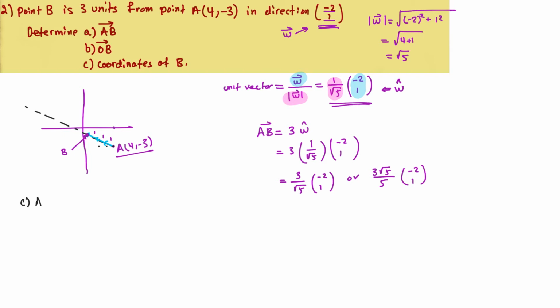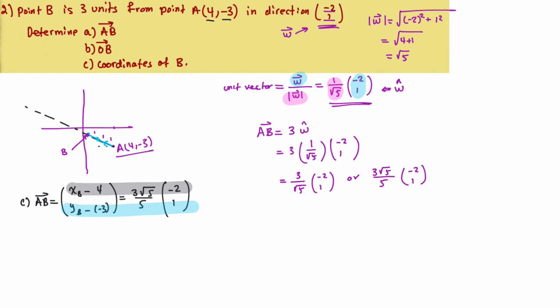Vector AB is going to equal the x and y coordinates of point B minus the x and y coordinates of point A, which are 4 and -3. And that's going to equal 3 root 5 over 5 times (-2, 1). We can now use an equation for the top and the equation for the bottom, or the x and y components.